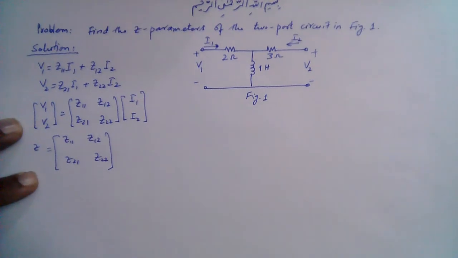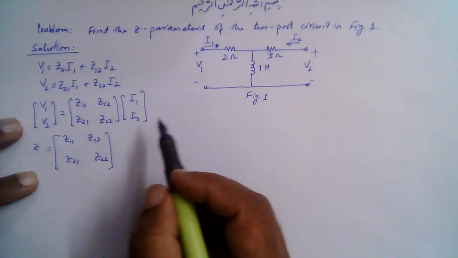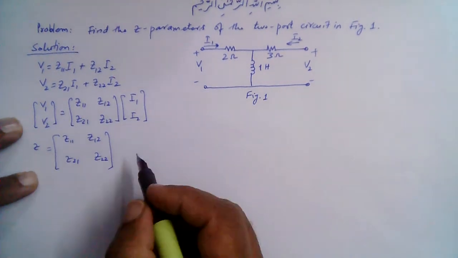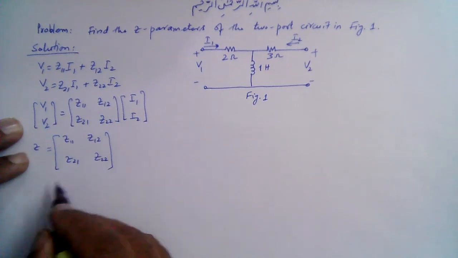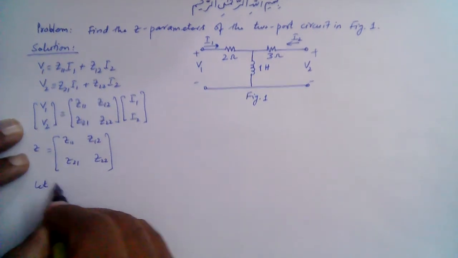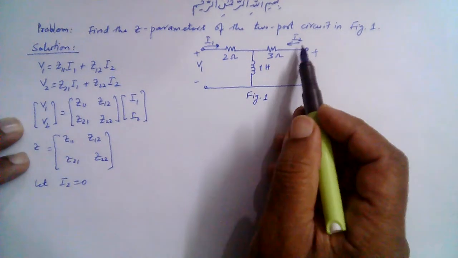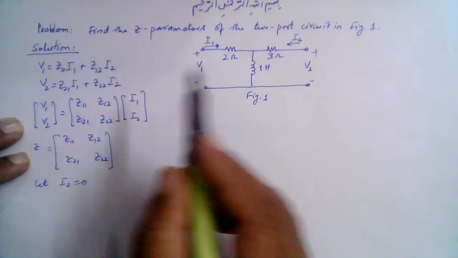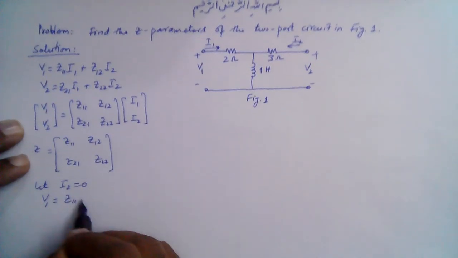So there are many ways in which we can find the Z parameters for the given circuit. For example, first note that if we put I2 equal to 0, which means we switch off I2 at this port, then this becomes V1 is equal to Z11 I1, right?